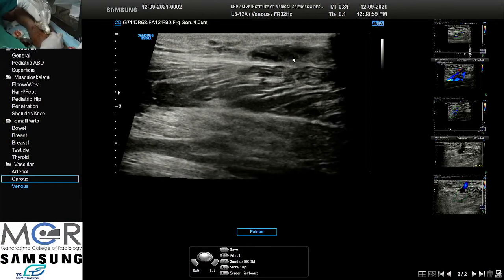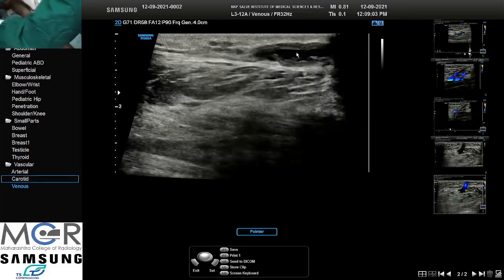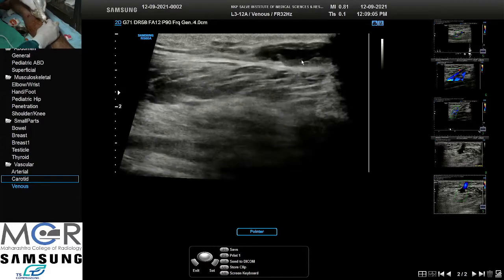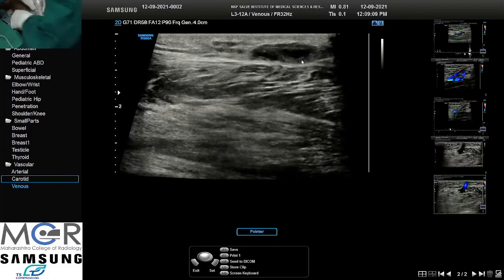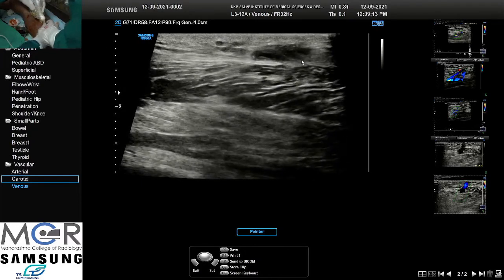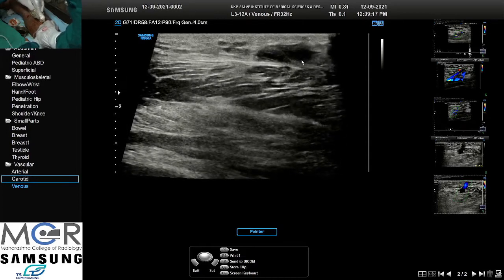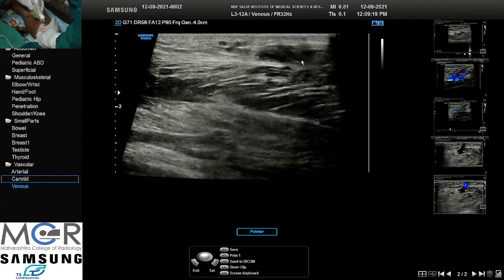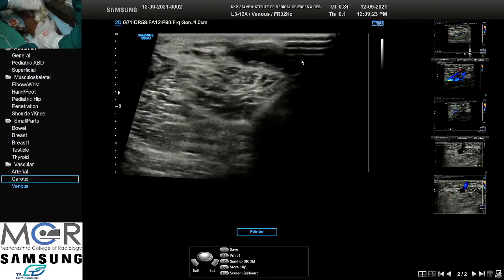Under guidance, just put that scalp vein needle into this superficial vein. Open it. I'm going inside the vein, still I'm not getting any backflow of the blood.